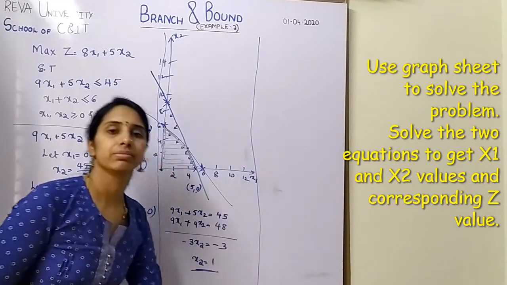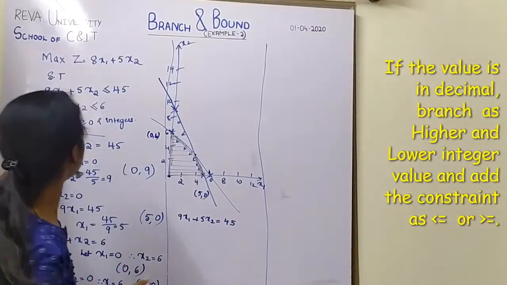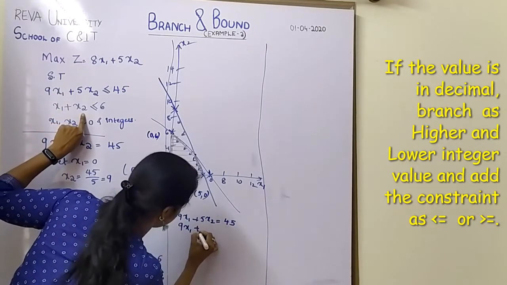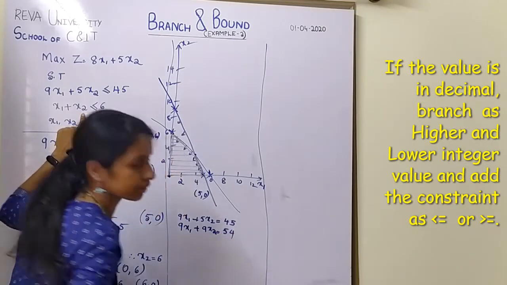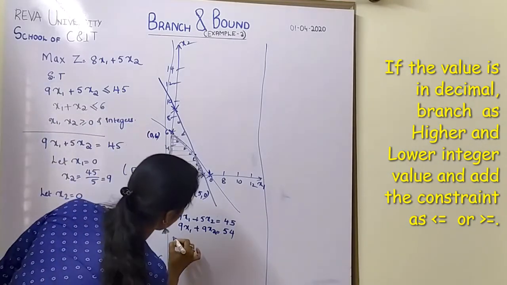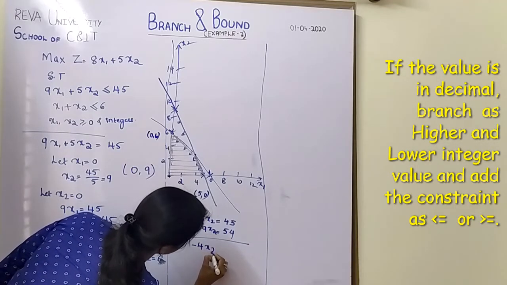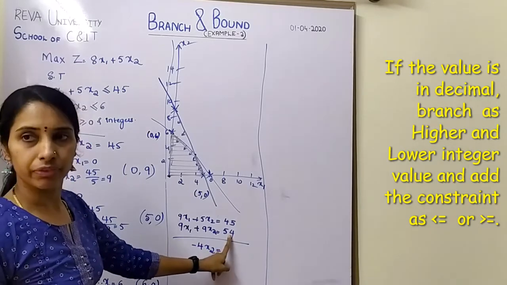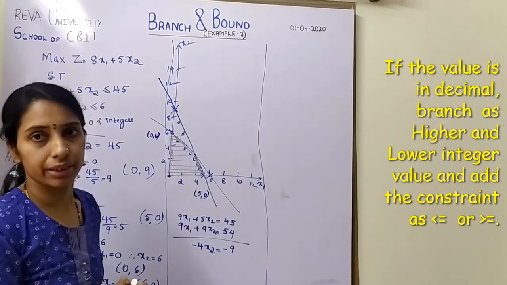Multiply here with 9. So you will get 9x1 plus 9x2 equal to 54. 9 sixes are 54. Solve this one. You will get minus 4x2 equal to 45 minus 54, so you will get minus 9.